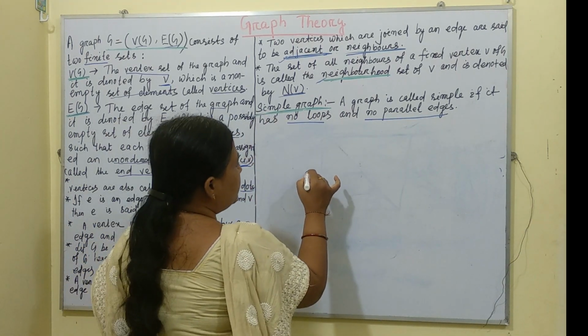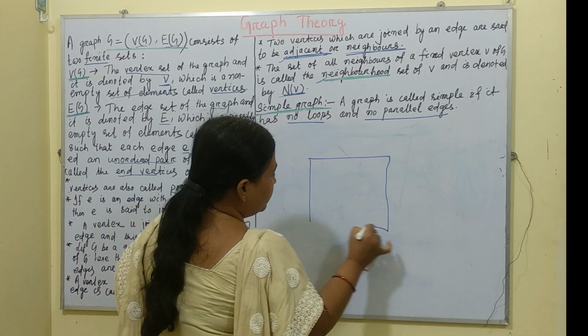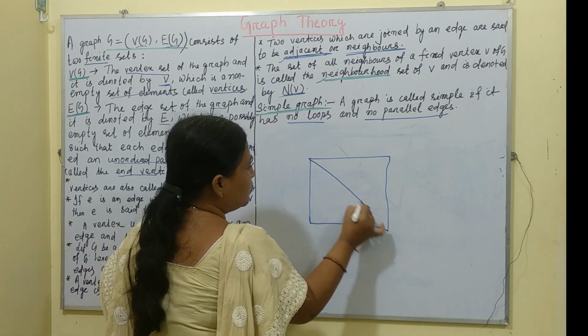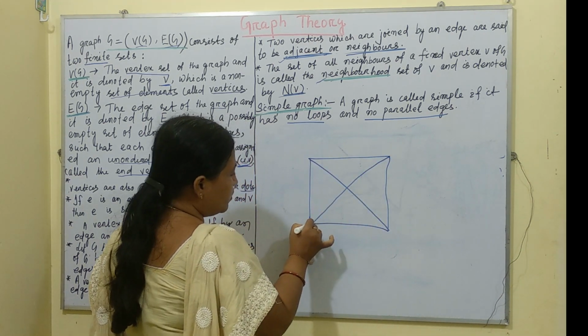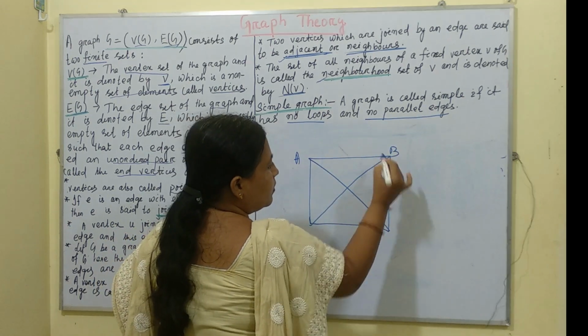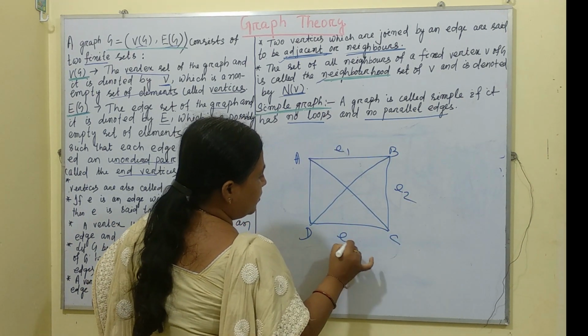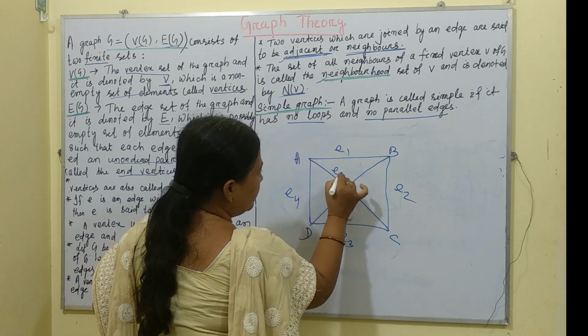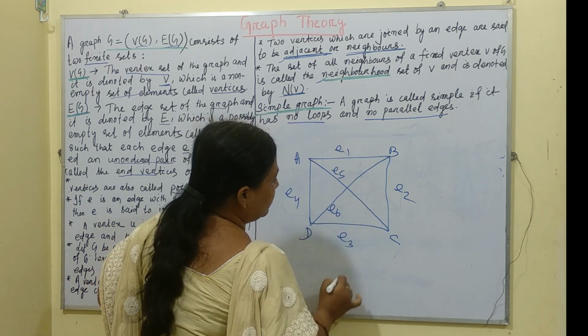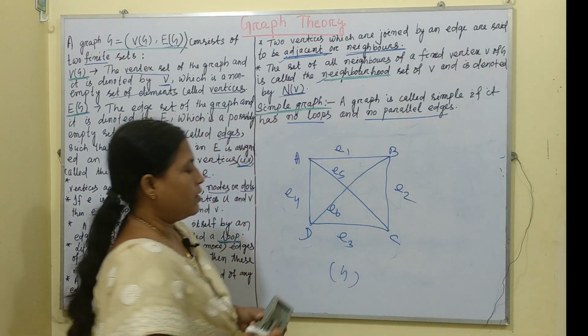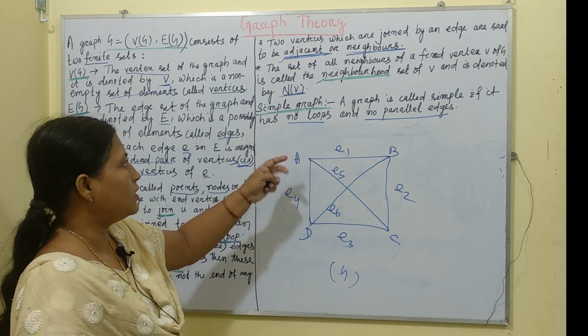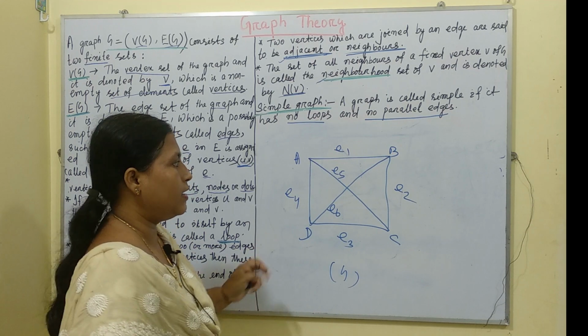So what is a simple graph? Graph G is a simple graph because there are no loops and no parallel edges.